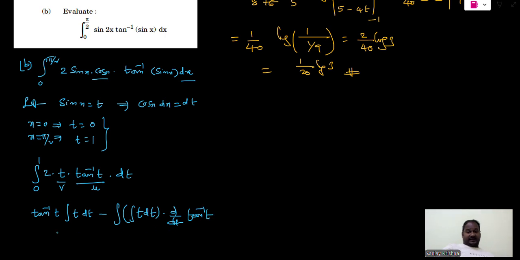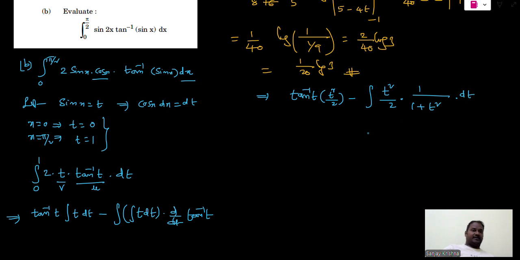And when you simplify this, tan inverse t into integral t. What is integral t? Obviously t square by 2. That implies tan inverse t into t square divided by 2 minus integral of t square divided by 2 into d by dt of tan inverse t, which is equal to 1 by 1 plus t square, into dt.